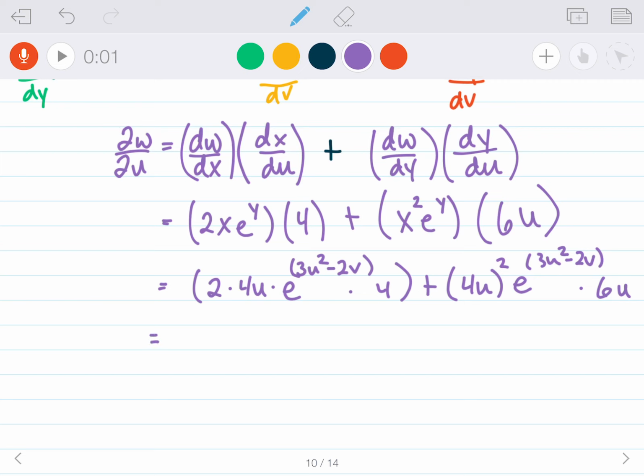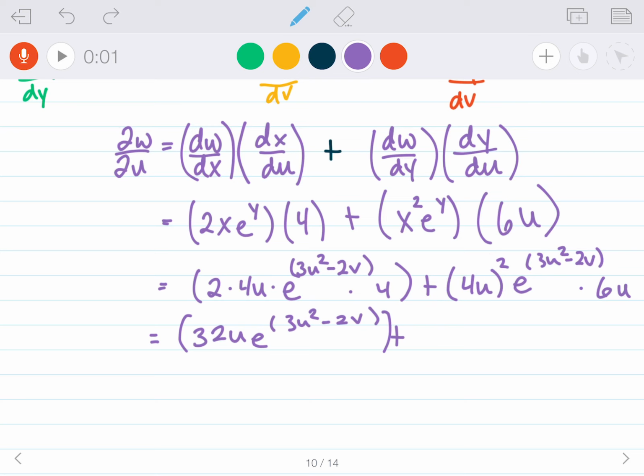I'm getting 32u e to the 3u squared minus 2v, plus, this becomes 16u squared.